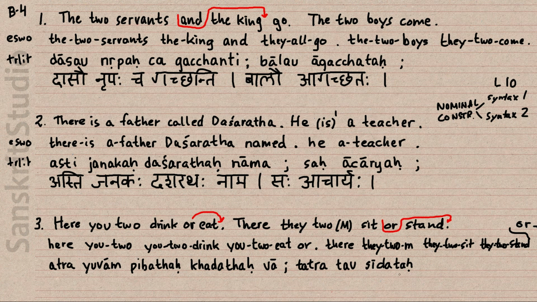Just a simple T and A here, as opposed to pibatha with THA. So here's third person, not second person. And the standing also, tishtha, but which form?